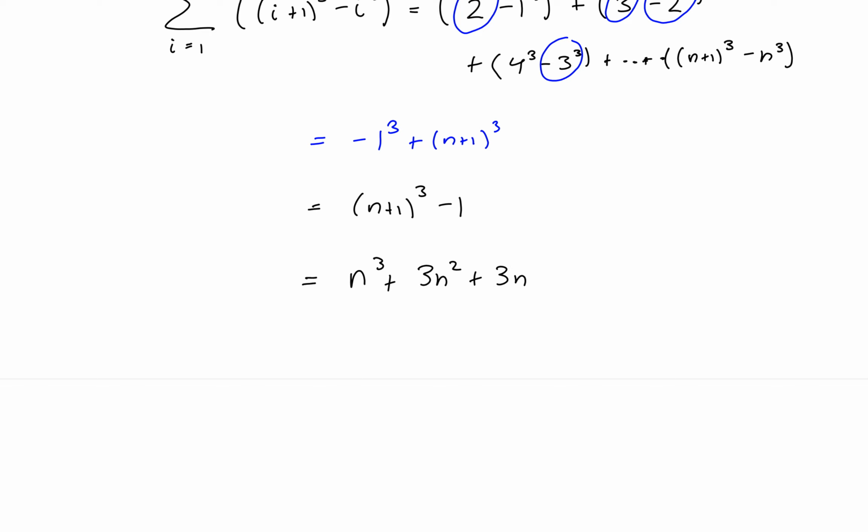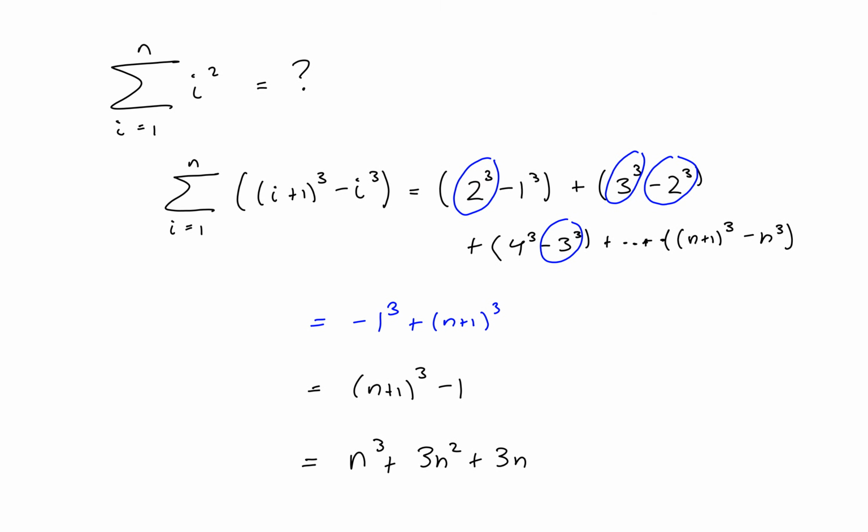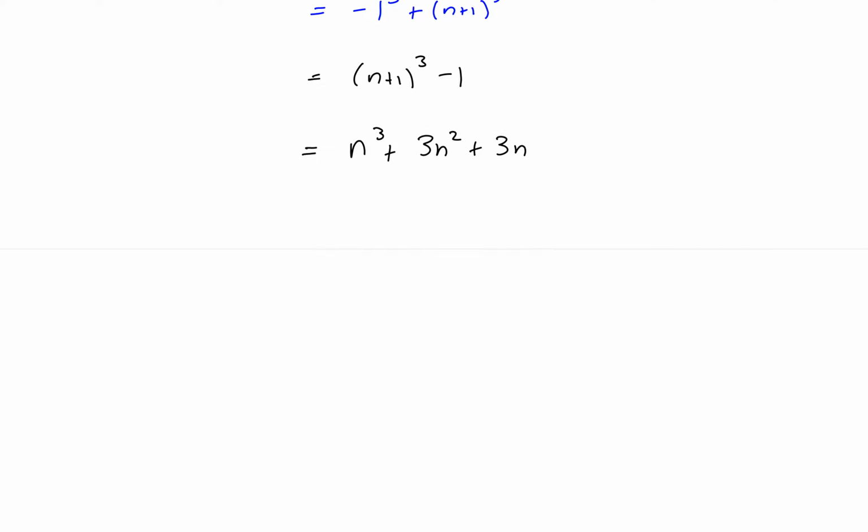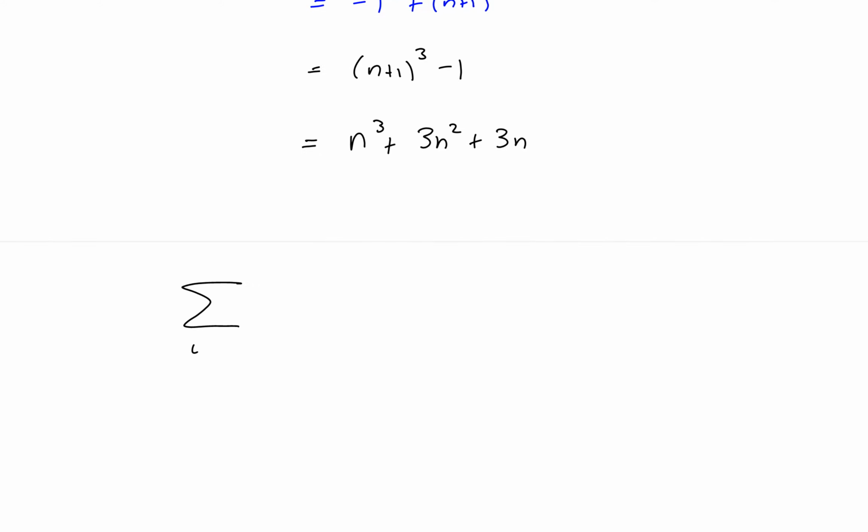And of course, at this point, we're thinking, what does this have to do at all with what we're trying to find here with the i squared? Well, we can also do simplification inside the sum before we do it. So I can look at this sum in another way.